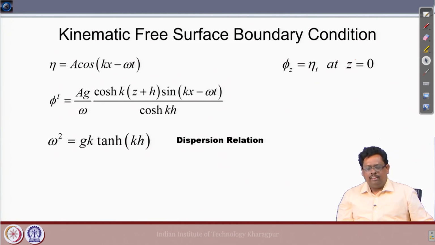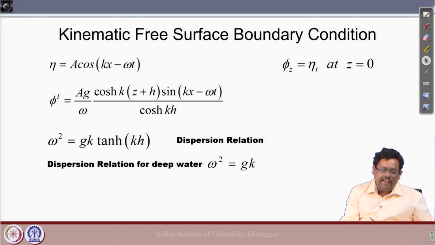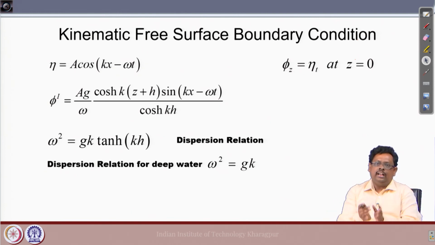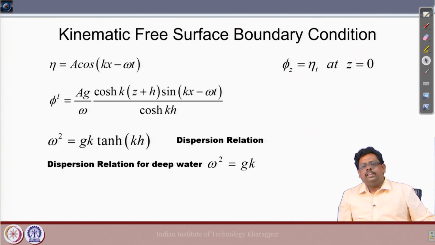But in this course we are really not going to discuss the physics part of it; rather, we are much more interested in solving this problem. Therefore, we are going with the deep water situation, when you can take h tending to infinity, then tanh kh equal to 1. So, the dispersion relation for deep water is omega square equal to g k.